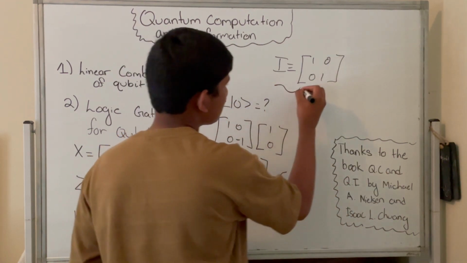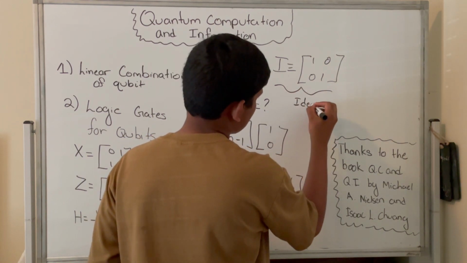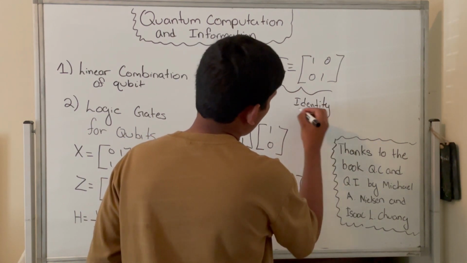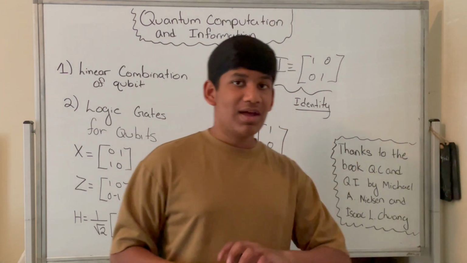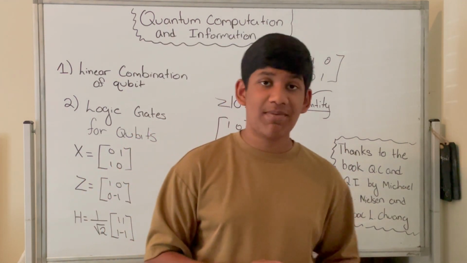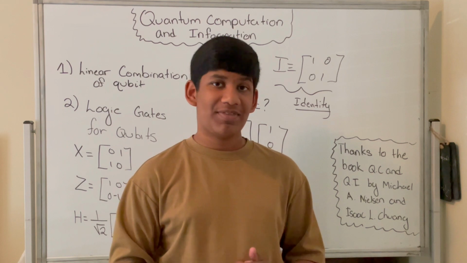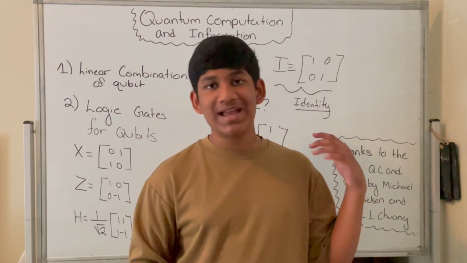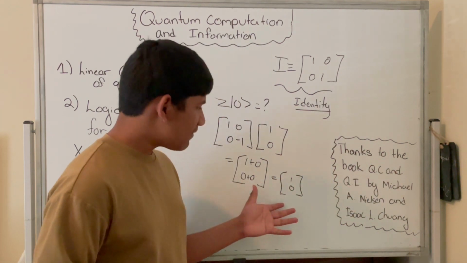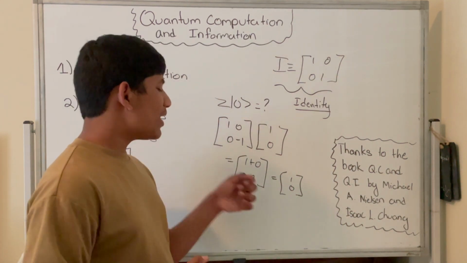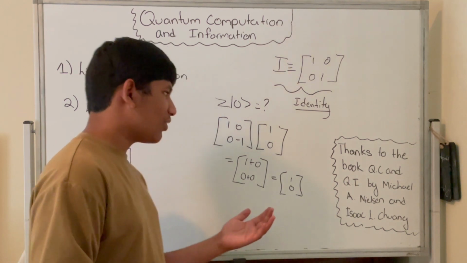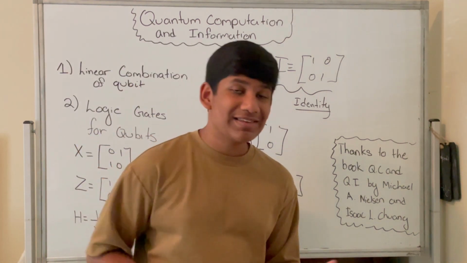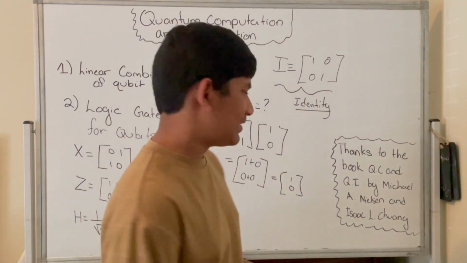When we use the identity matrix, it operates as the number 1, because when we multiply it with any vector, we get back that same vector. That's a special property of the identity matrix. Now, when we apply the Z gate here, we're just getting 1, 0, so it's kind of operating like the identity matrix in this one sense.